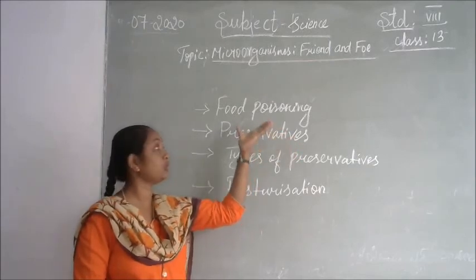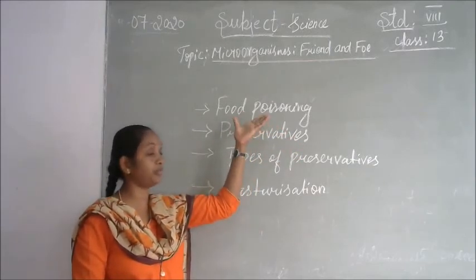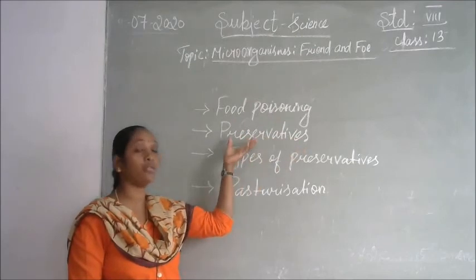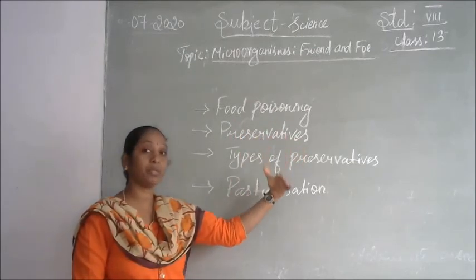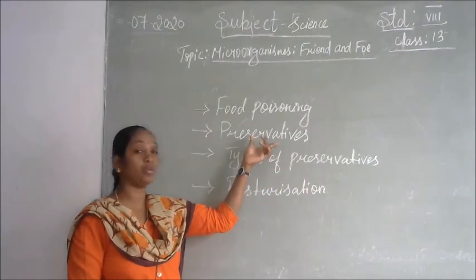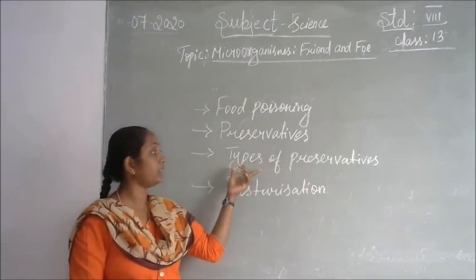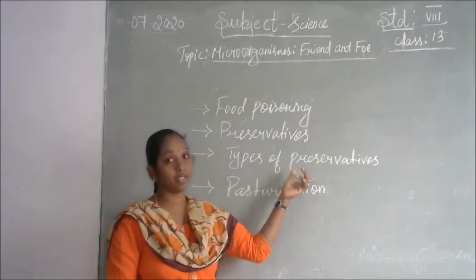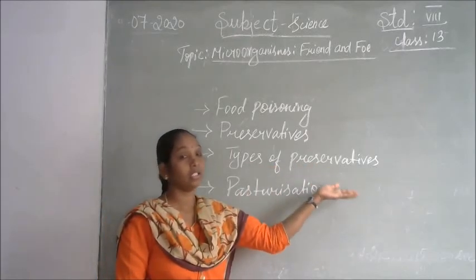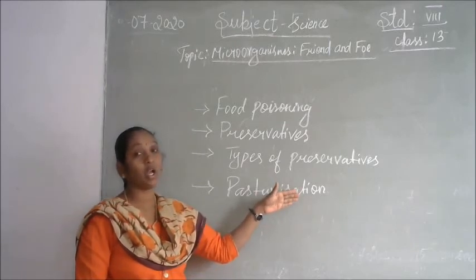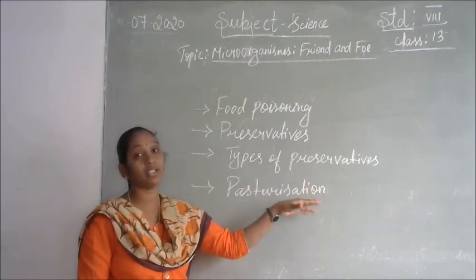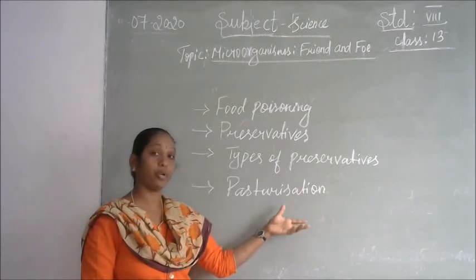Food should not be poisoned or spoiled, which means we definitely have to use some preservatives, which may be chemicals or other things. We explained preservatives and then discussed the types of preservatives like sugar, oil, vinegar and so on. Next is pasteurization, how to prevent microbes from entering milk and milk products.